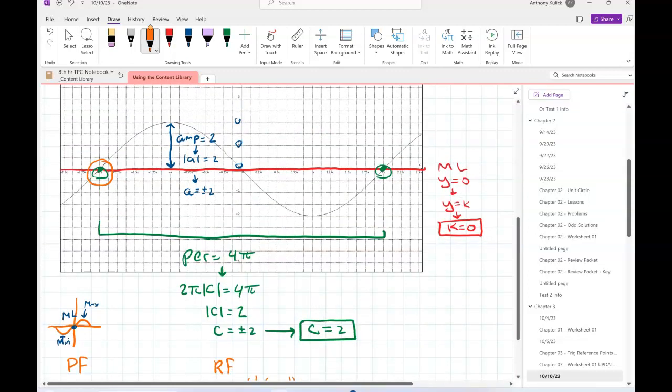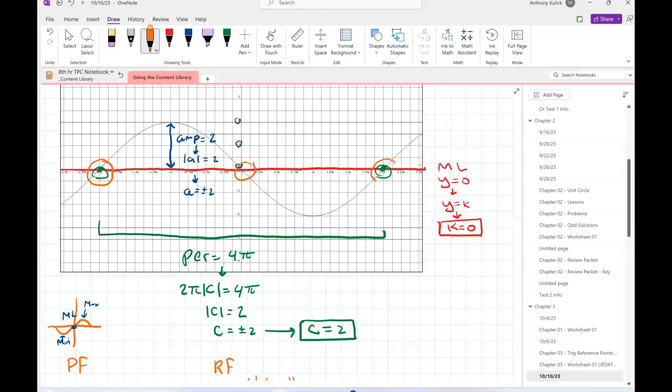So there's 1, 2, 3 midline points that I can see. Does it matter which one I choose? No. But depending on which one I choose, my answer will look different. I'm going to choose this one that's also 0, 0.